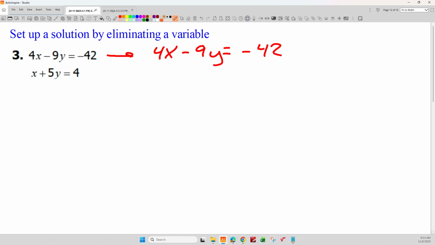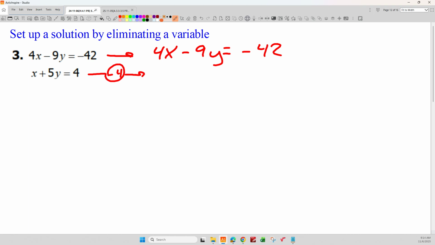What am I going to multiply the bottom equation by? Negative 4, right? This might be slightly different than what you've done in the past. In the past, have you subtracted vertically? Maybe. We don't want to do that. We want to always add vertically, so we want to make them opposites. So we're going to multiply the bottom equation by negative 4.